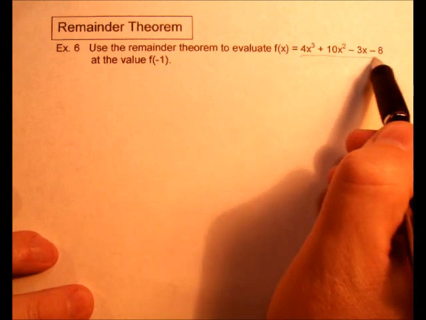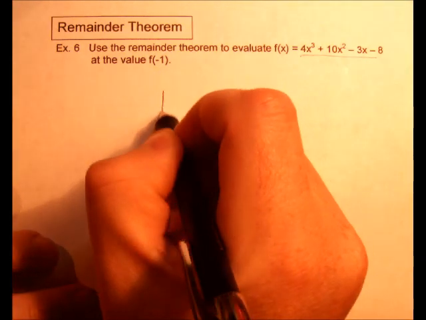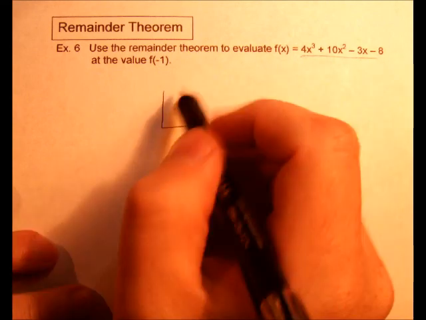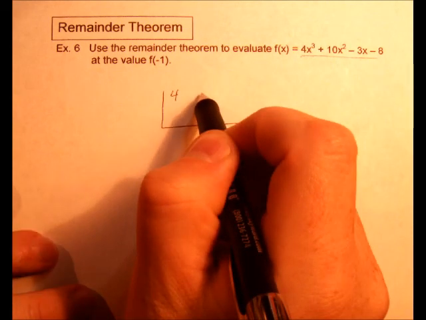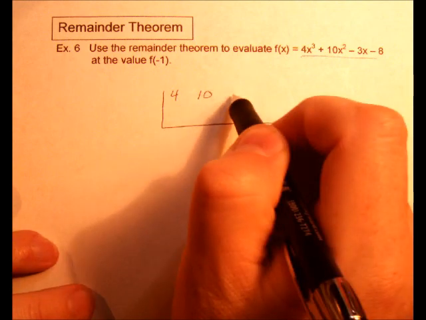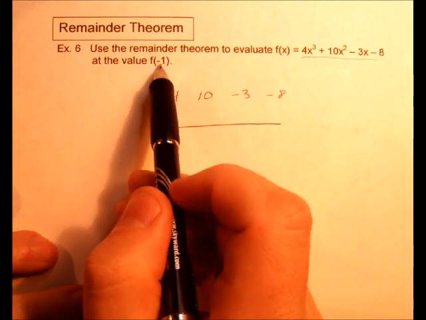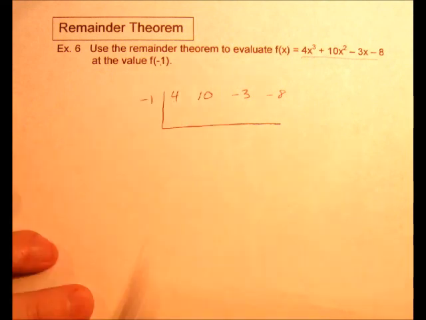Let's set it up as we would doing the synthetic division. So the 4's first, that's the cubed, squared, the x, and then the number. Now, that number just goes straight out here. What you're wanting to plug in just goes right out there. Now let's do synthetic division.